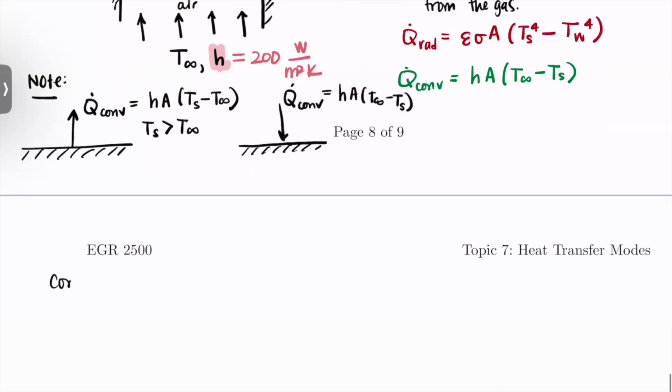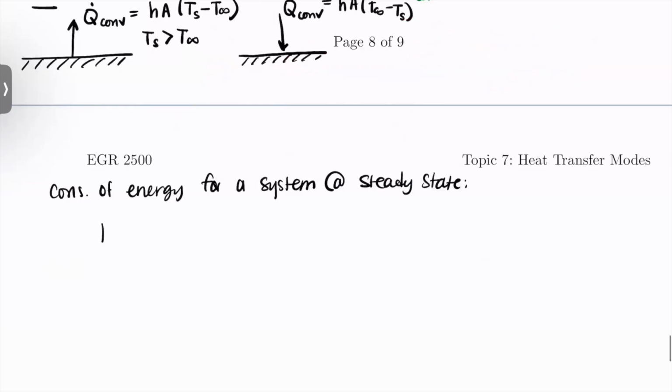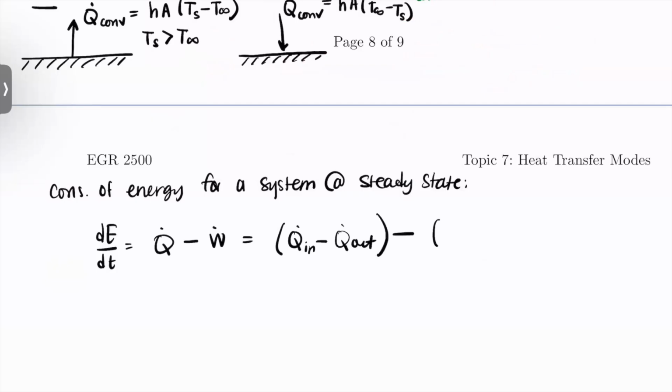So conservation of energy for a system at steady state, we have the following. dE/dt is equal to Q dot minus W dot, where Q dot is Q dot in minus Q dot out, and W dot is W dot out minus W dot in.